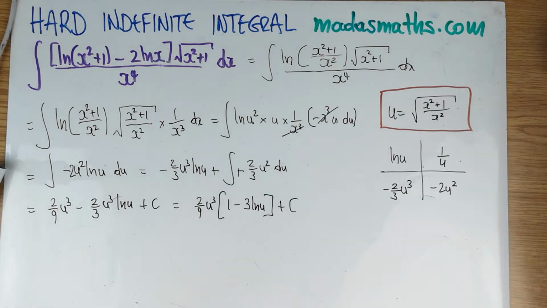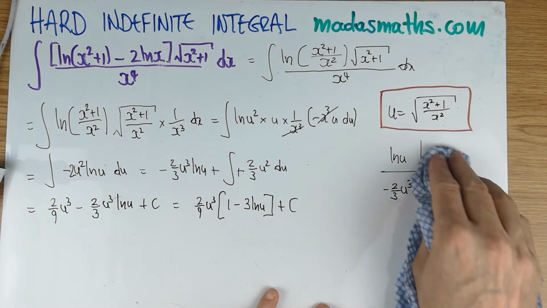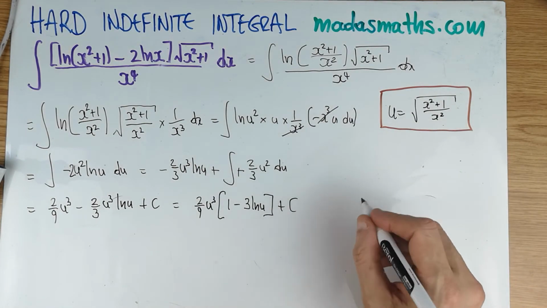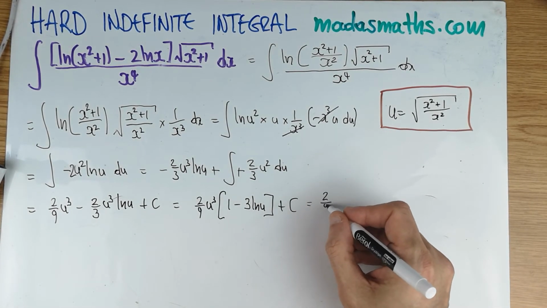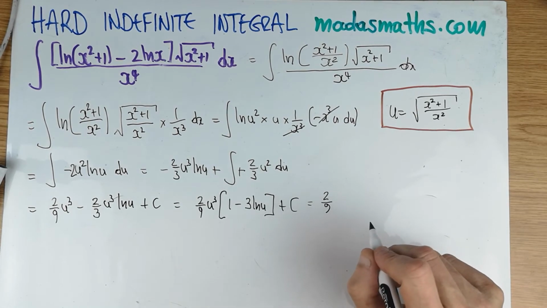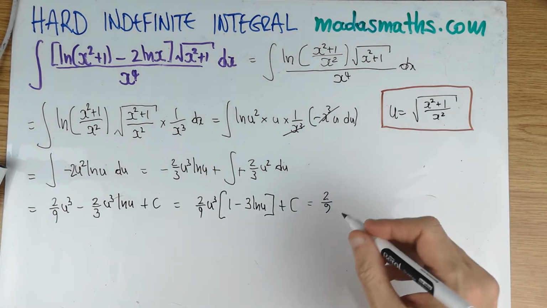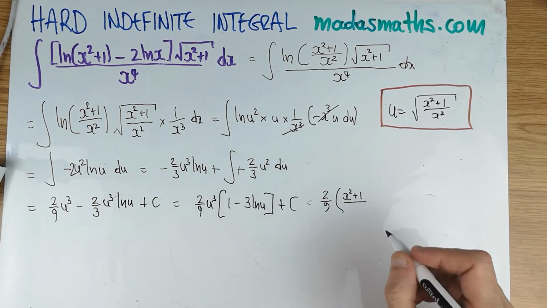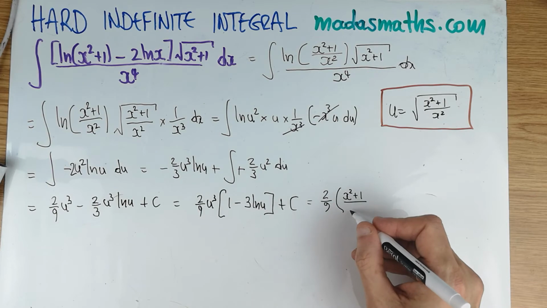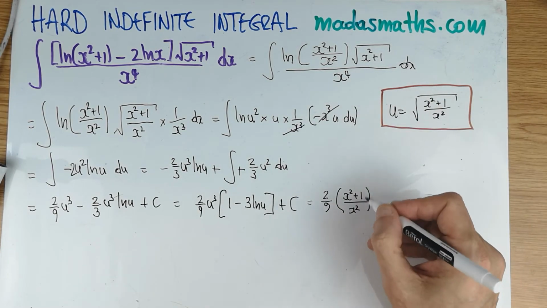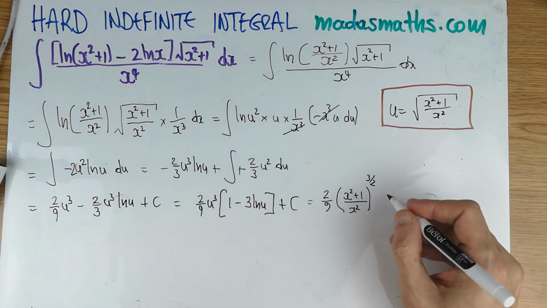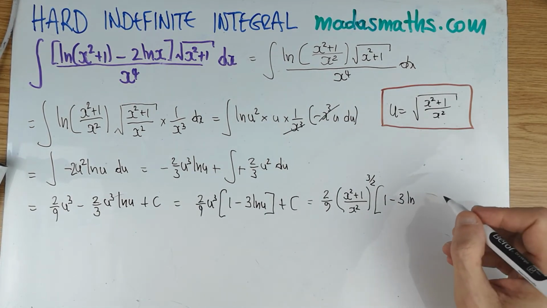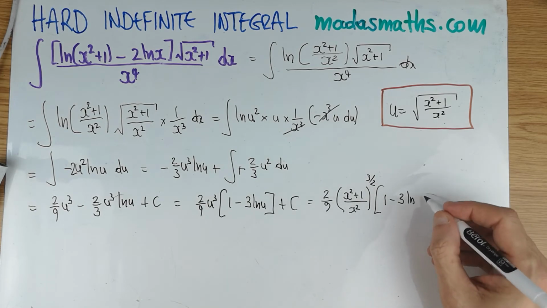We don't need the integration by parts grid here anymore, and all that is left is to put our substitutions back in. So that is equal to 2/9. It doesn't really matter, this is going to be a mess whichever way we write it. The u cubed is going to be x squared plus 1 over x squared, looking at the substitution, to the 3 over 2. Then we have a bracket 1 minus 3 times the log of u, where u is this bit here.